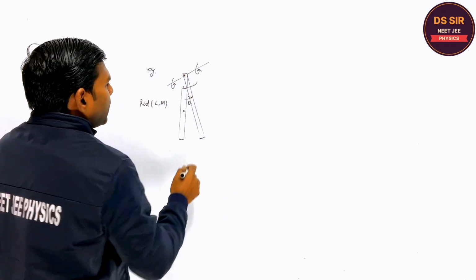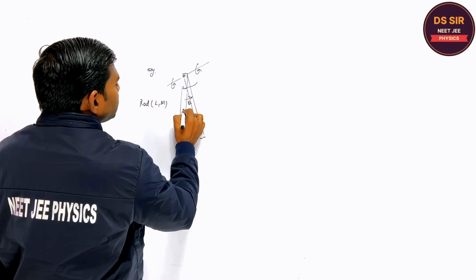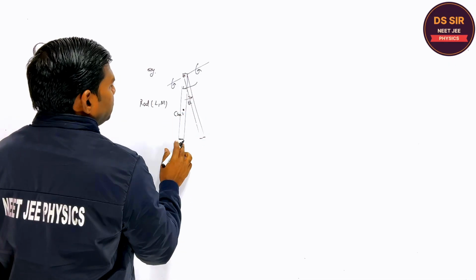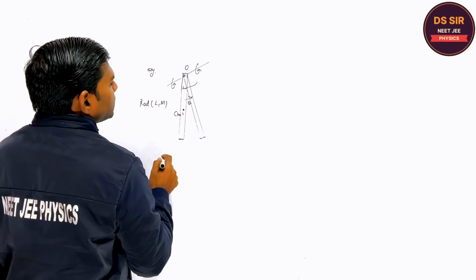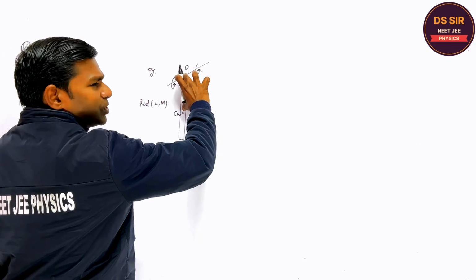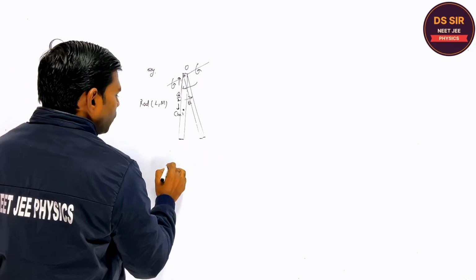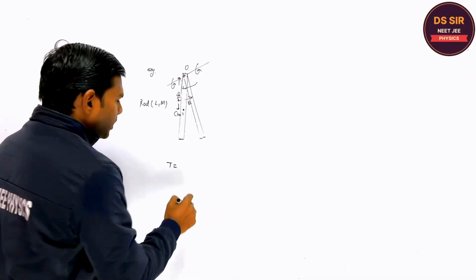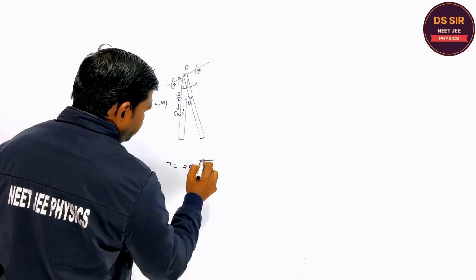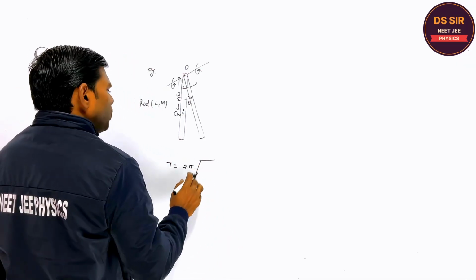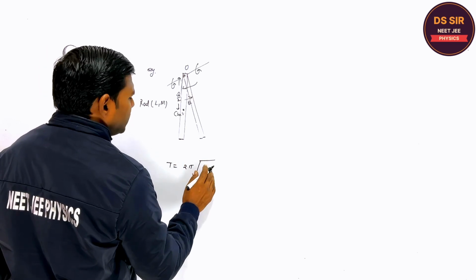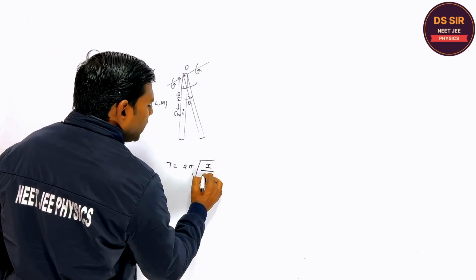If this is the center of mass, what is the distance between the point of suspension and the center of mass? It is L by 2. So what is the time period formula? It is 2 pi root I upon mgl.